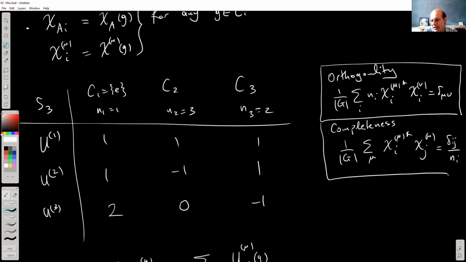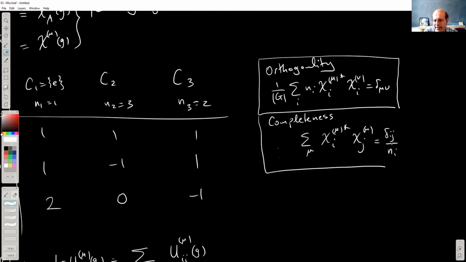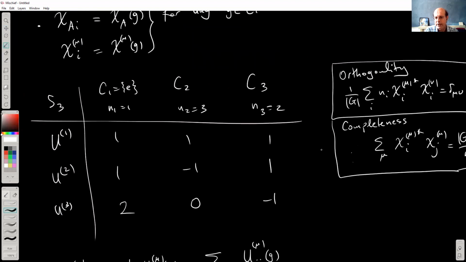I think I can move this order of the group to the other side as well. So let me do that. This is the order of the group divided by ni, delta ij, right? So in any case, the orthogonality relationship is the orthogonality between the rows.